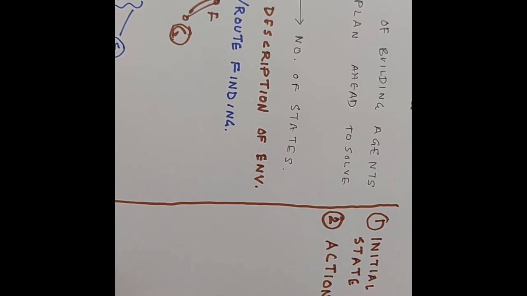It takes a state S and gives me a set of possible actions that the agent can execute when the agent is in the state S.